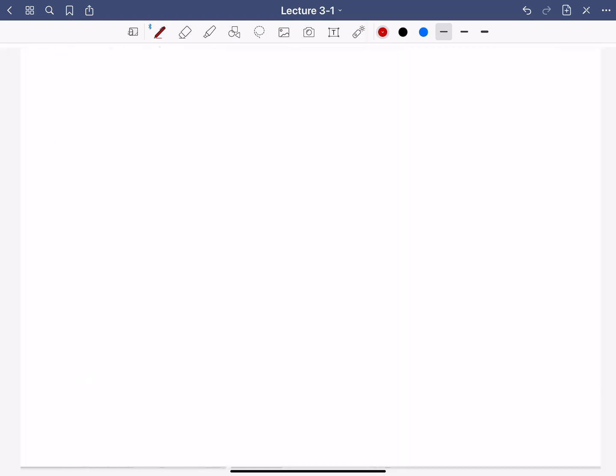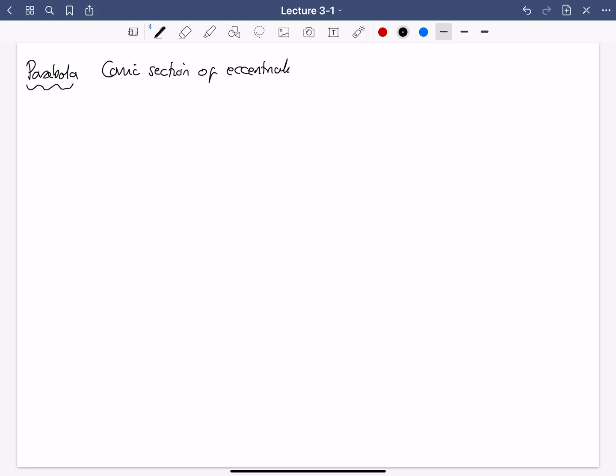Well, we're just left with the parabola. So the parabola is the conic section of eccentricity 1. That's that last case for e. So let's quickly just say a tiny bit about parabola. So that's e equals 1.